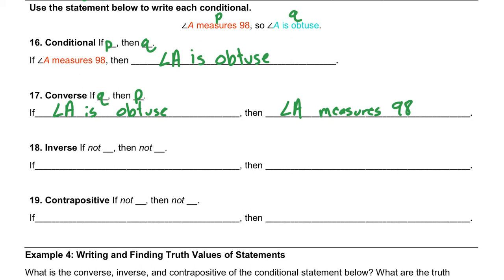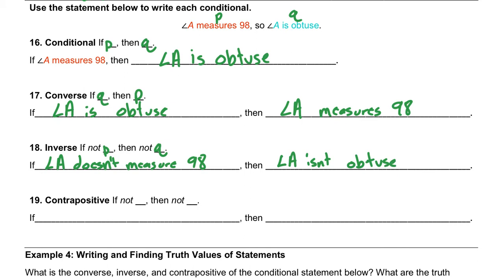The inverse does not swap P and Q, it just negates them. So the inverse would say if angle A doesn't measure 98, then angle A isn't obtuse. Okay? Then it isn't obtuse.